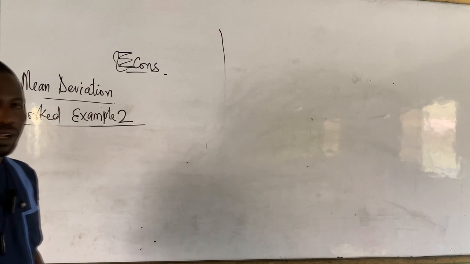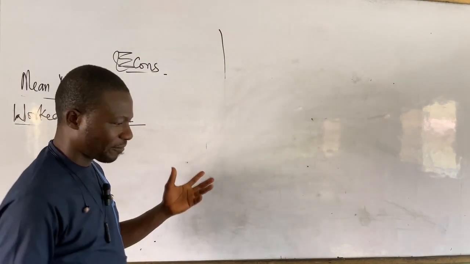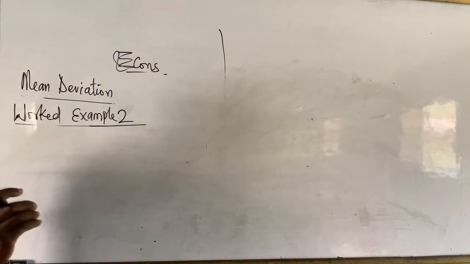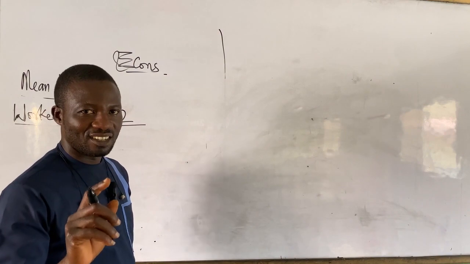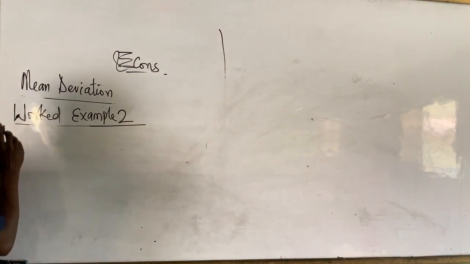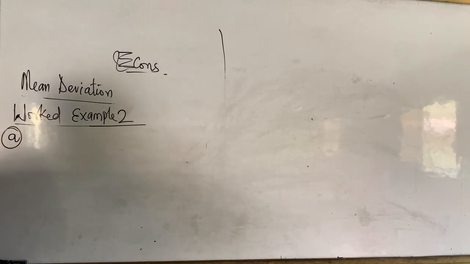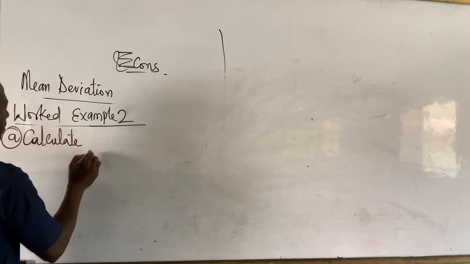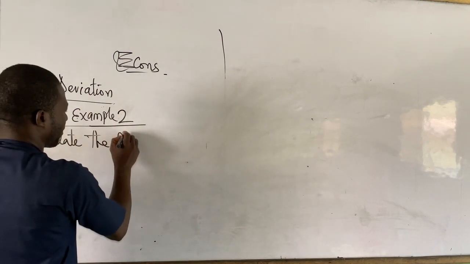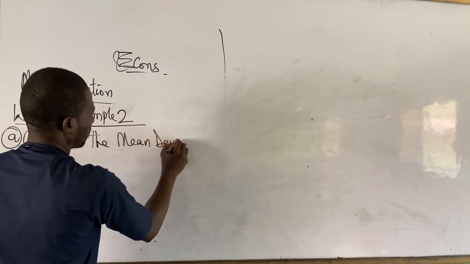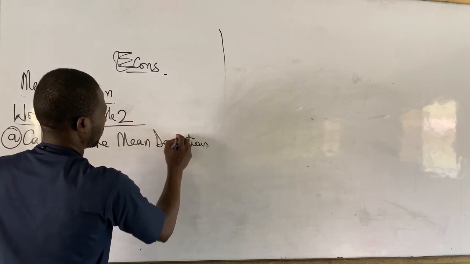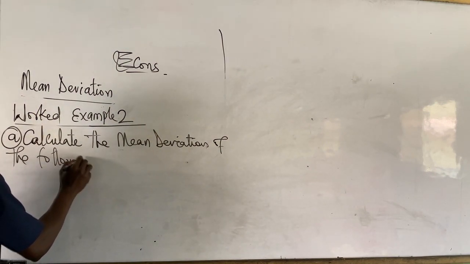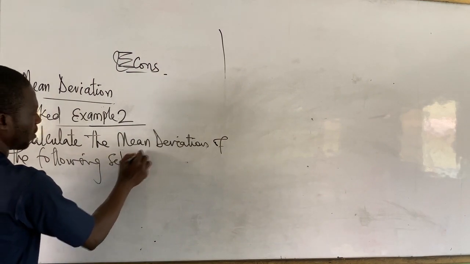So quickly, let's look at worked example 2 after the first example. Under worked example 2, we are going to be looking at a very good example that will demonstrate the group data calculation. Question A: calculate the mean deviation of the following sets of data.